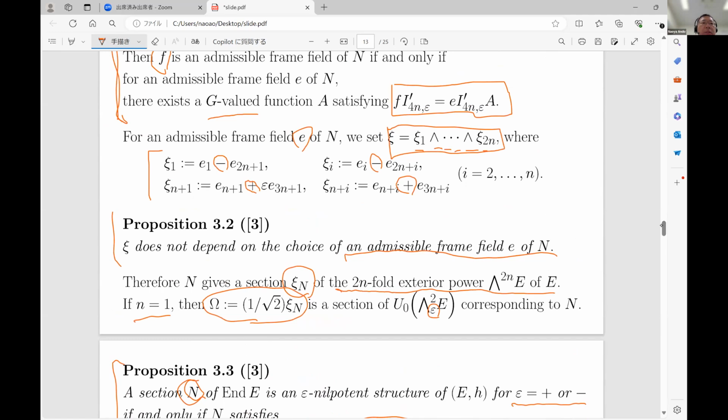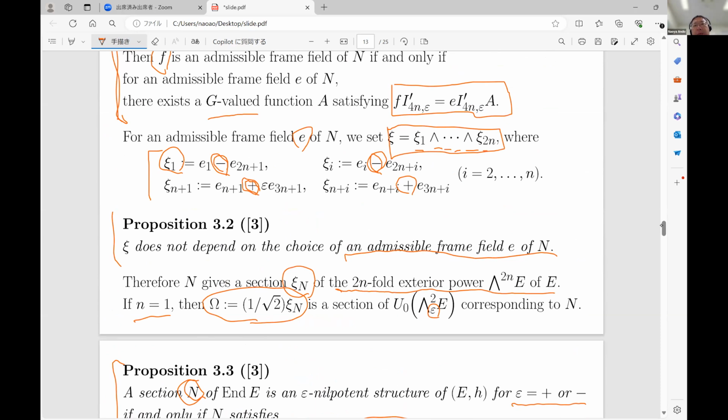Xi1 is given by E1 minus E2n plus 1. Similarly, Xi is given by EI minus E2n plus 1. And Xn plus 1 is given by En plus 1 plus epsilon E3n plus 1.